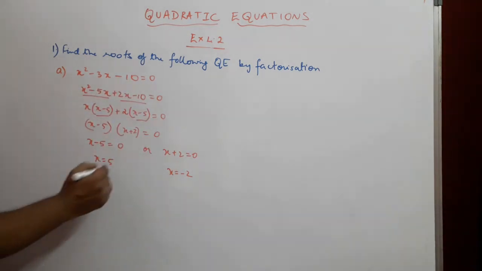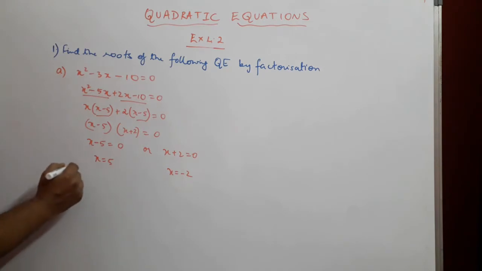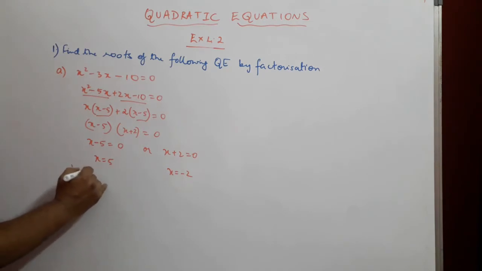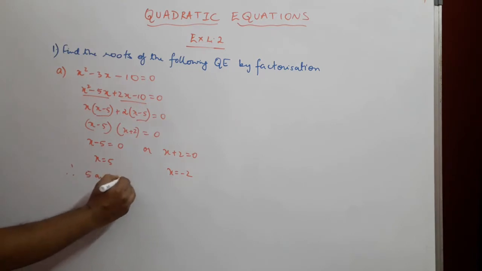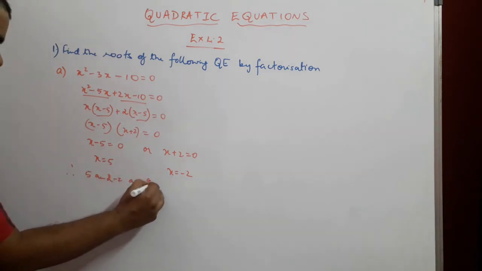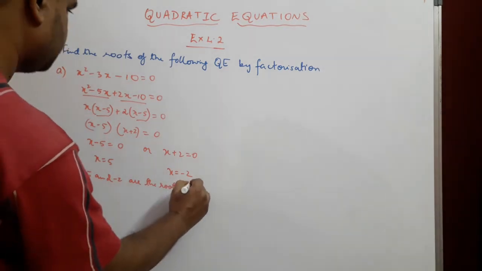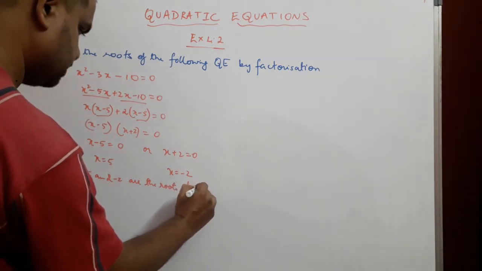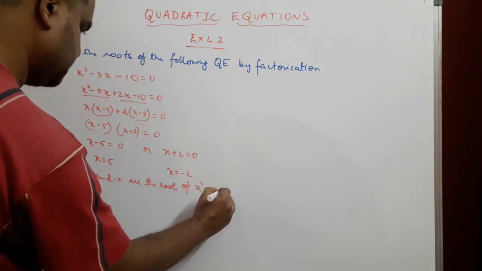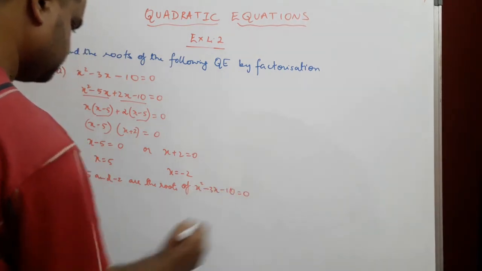I'll show you how. First let us complete this problem. So you can say therefore 5 and minus 2 are the roots of the quadratic equation x square minus 3x minus 10 equal to 0.